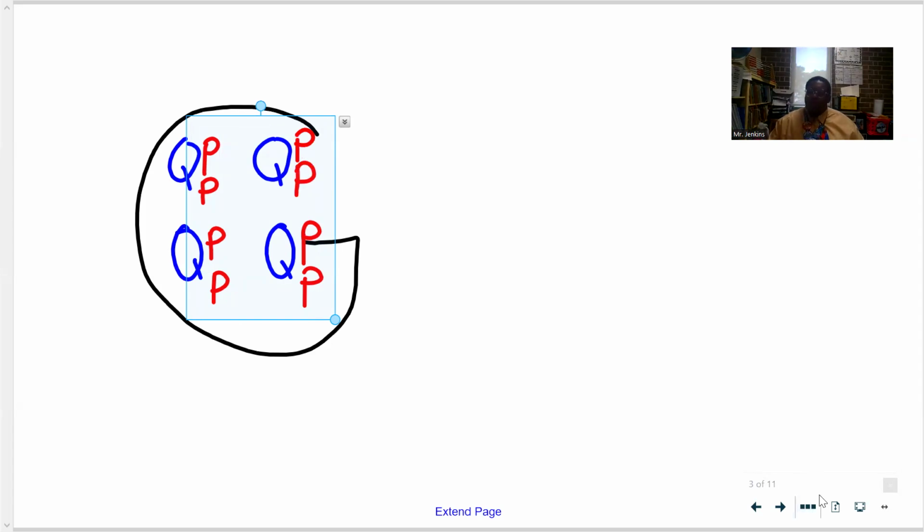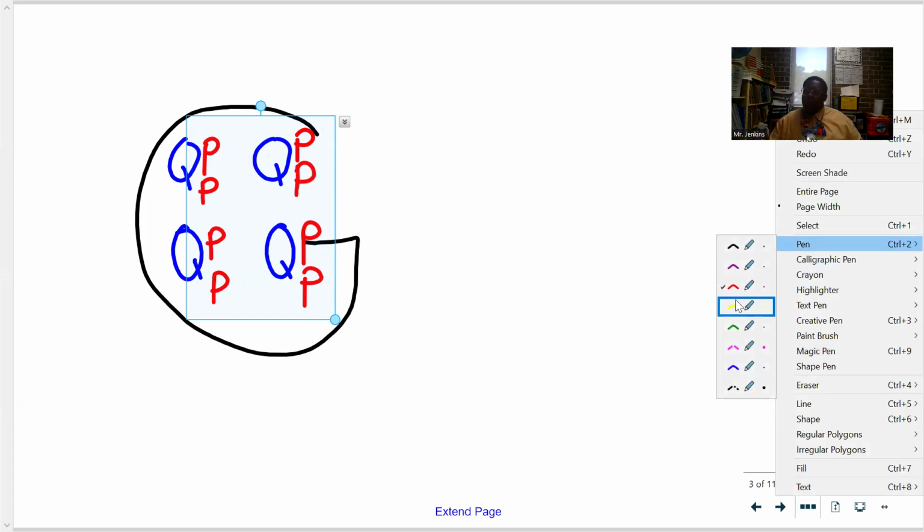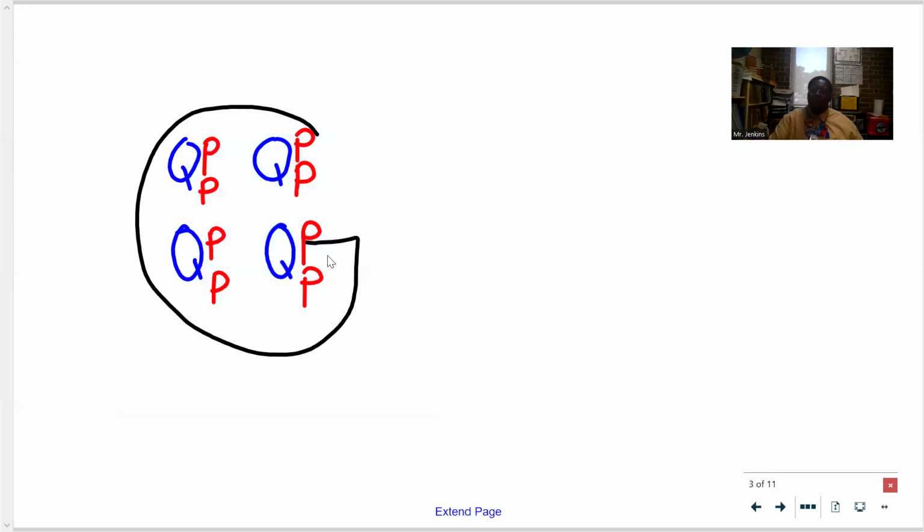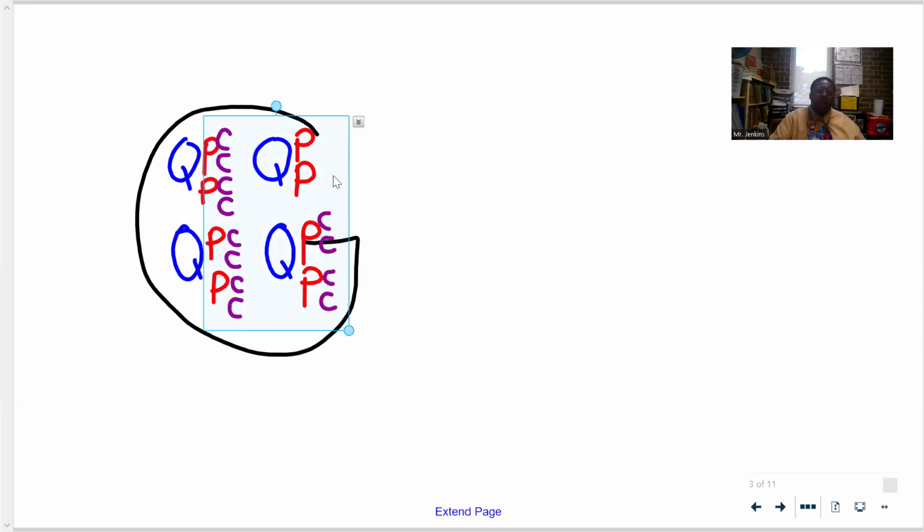Now, each prince and princess owns two crowns. They have one to wear and one as a backup. So we're going to give each prince and princess their own set of crowns. Okay, so two crowns per prince and princess.